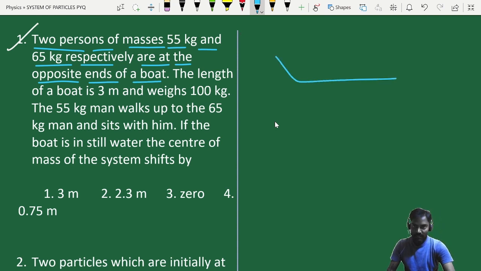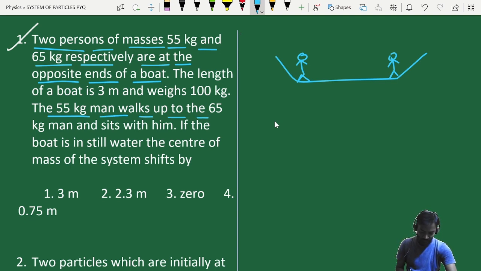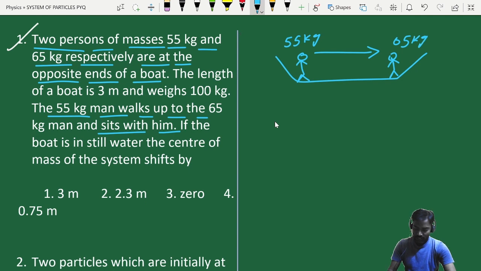Say this is a boat, so here is one person, here is another person standing at the other end of the boat. Now the length of the boat is 3 meter and the boat weighs 100 kg. Now they are saying the 55 kg man walks up to the 65 kg man and sits with him. So the person who is having 55 kg moves towards the person of 65 kg.